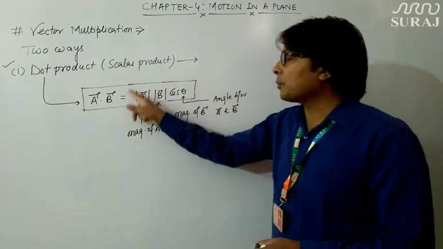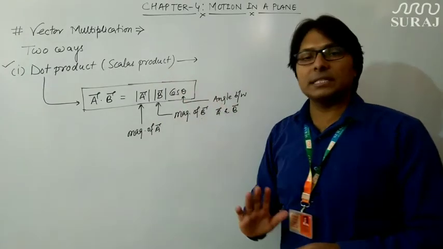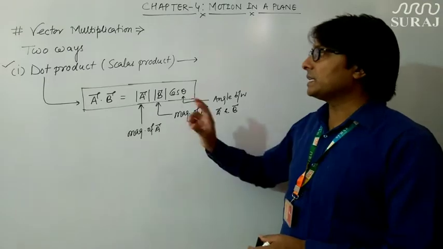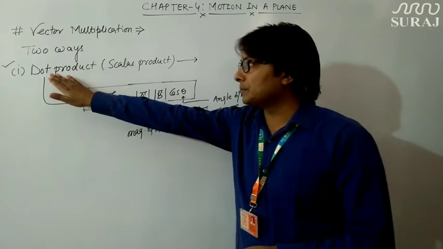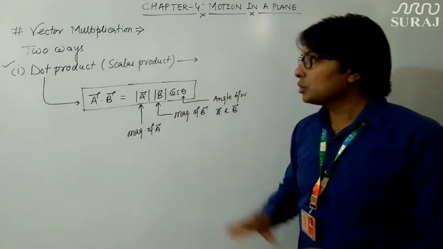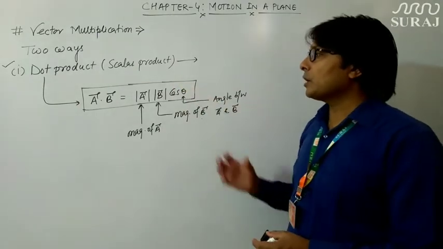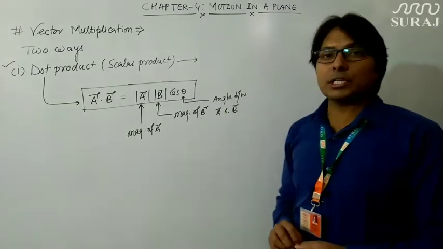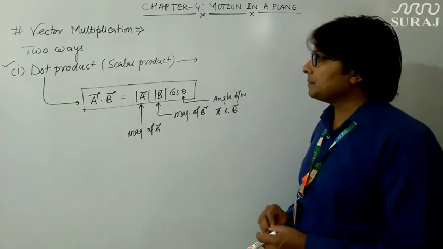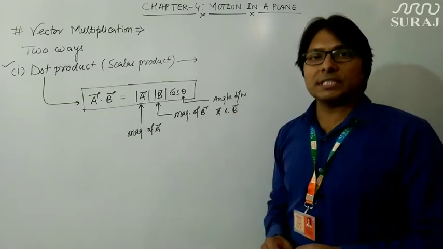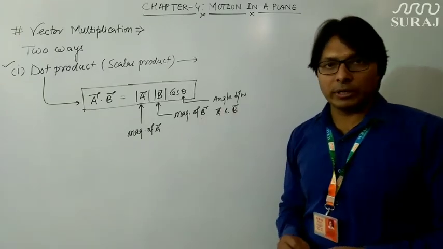That's why the product of these scalars is a scalar quantity, and that's why we call the dot product a scalar product. Using this formula we are going to calculate the dot product of the unit vectors, and we will use those results in solving numerical problems.